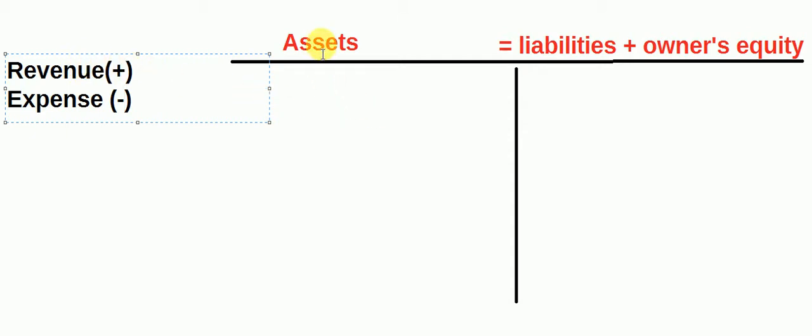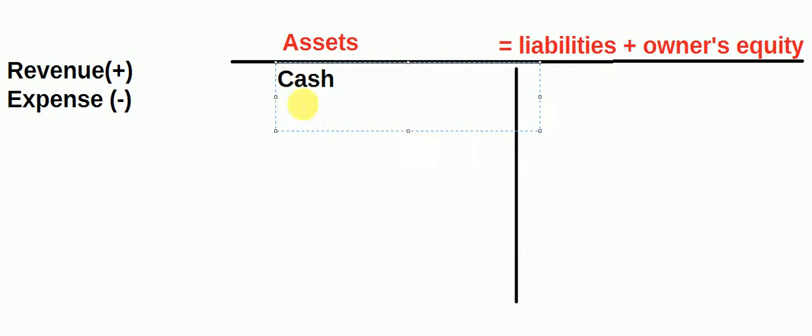Is cash asset, liability or owner's equity? Definitely it is asset. Here I'm gonna put cash. Cash is an asset, and the transaction goes like receive cash from sales $1,100. Cash is increase $1,100.